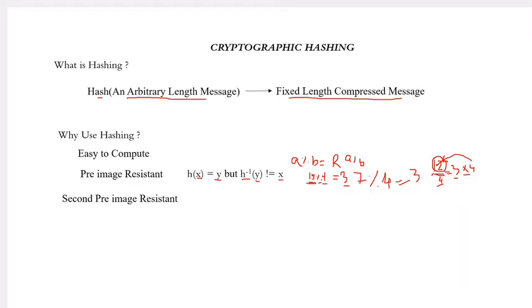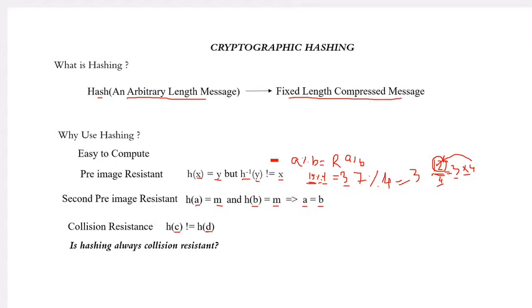Next, it is also second pre-image resistant, which means that if hash of a is m and hash of b is also m, it implies that a equals b. Next, we have another property which is known as collision resistance, which states that hash of c is not equal to hash of d if c and d are not equal.